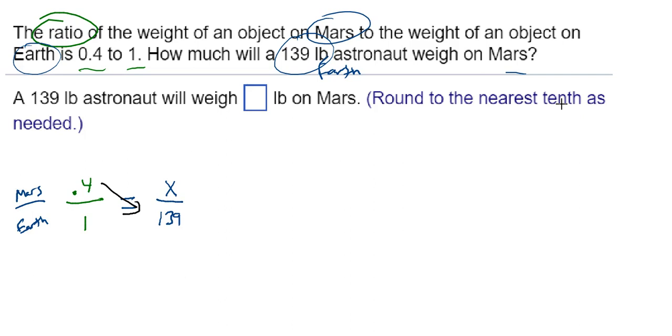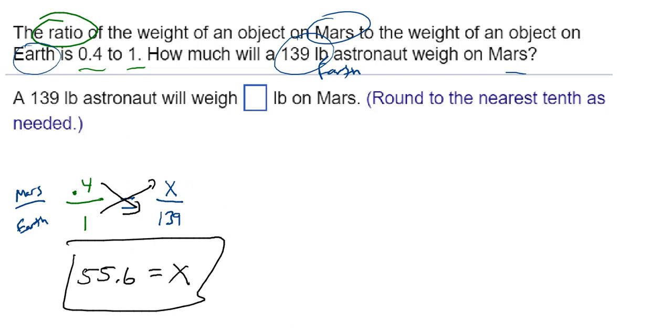We'll have 0.4 times 139, which will be 55.6. And then, this one's nice and easy, 1 times x, which will just be x. We set those equal to each other, and that gives me my answer right away. So it's 55.6. We didn't even have to round. It was already to the tenths place, so we don't have to round it off.